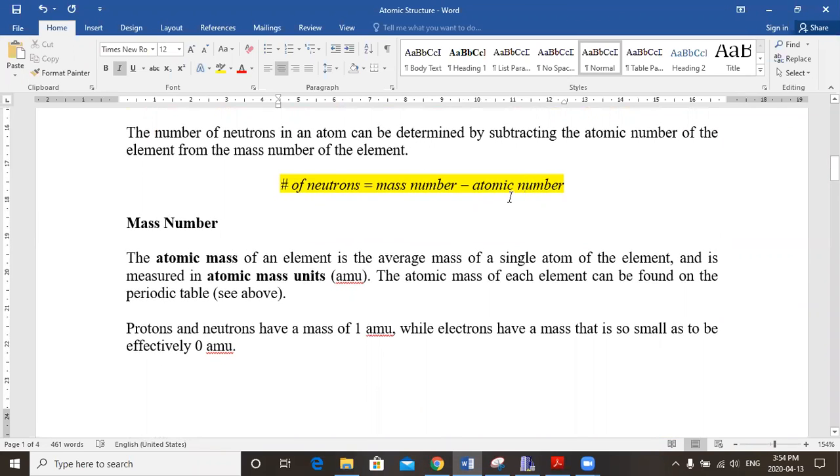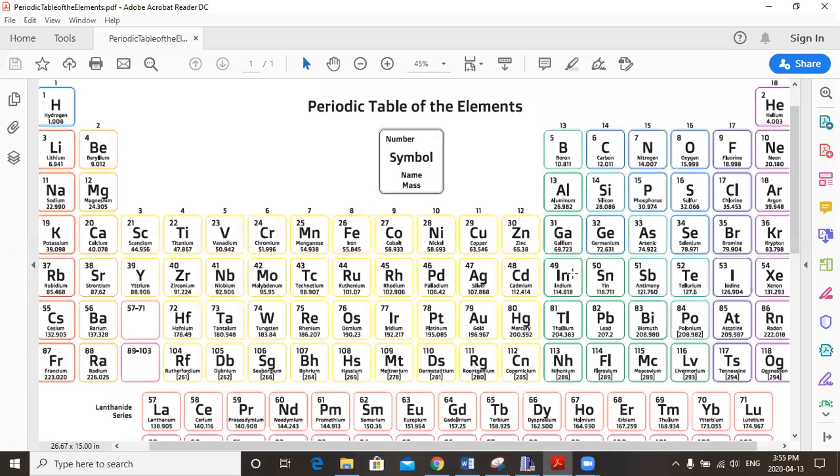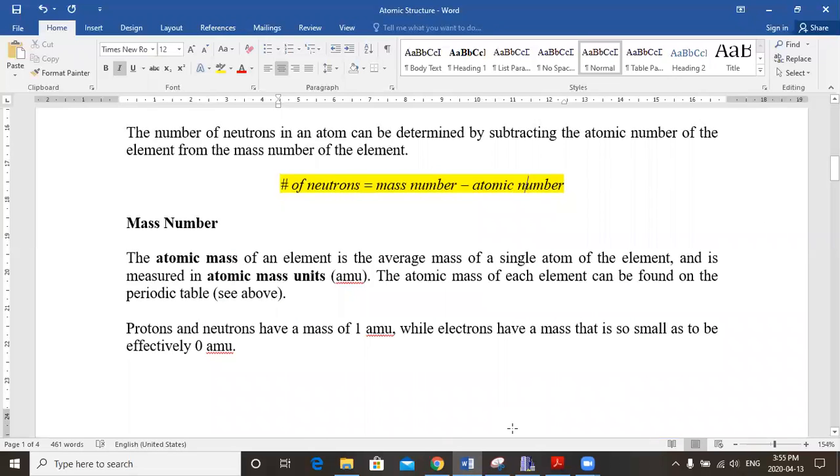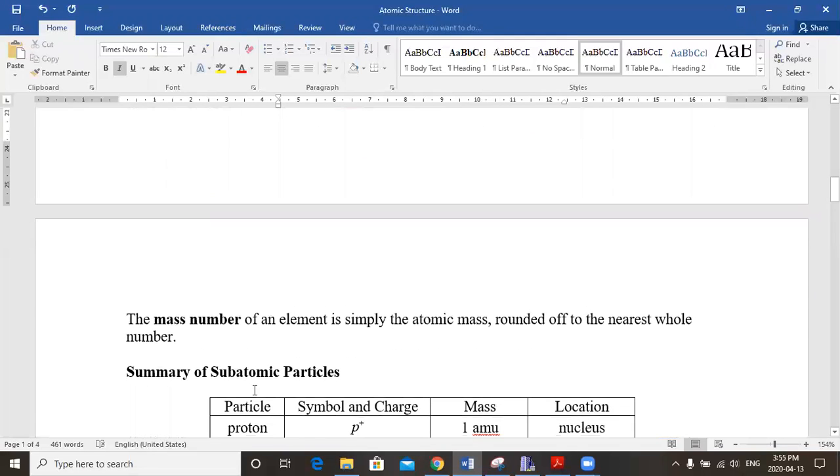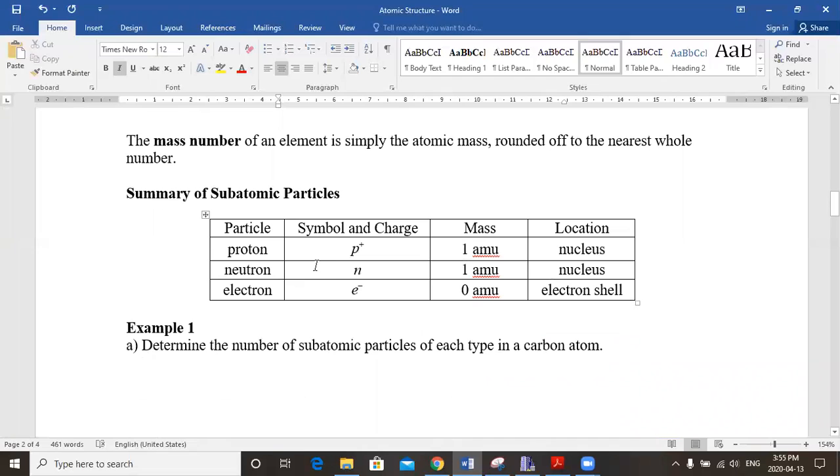The mass number of an element is the average mass of a single atom of the element and is measured in atomic mass units. Again, the atomic mass of each element is given at the bottom of the periodic table for each element. So what we can do with this is summarize. Instead of writing the names, we will write the symbol and the charge.